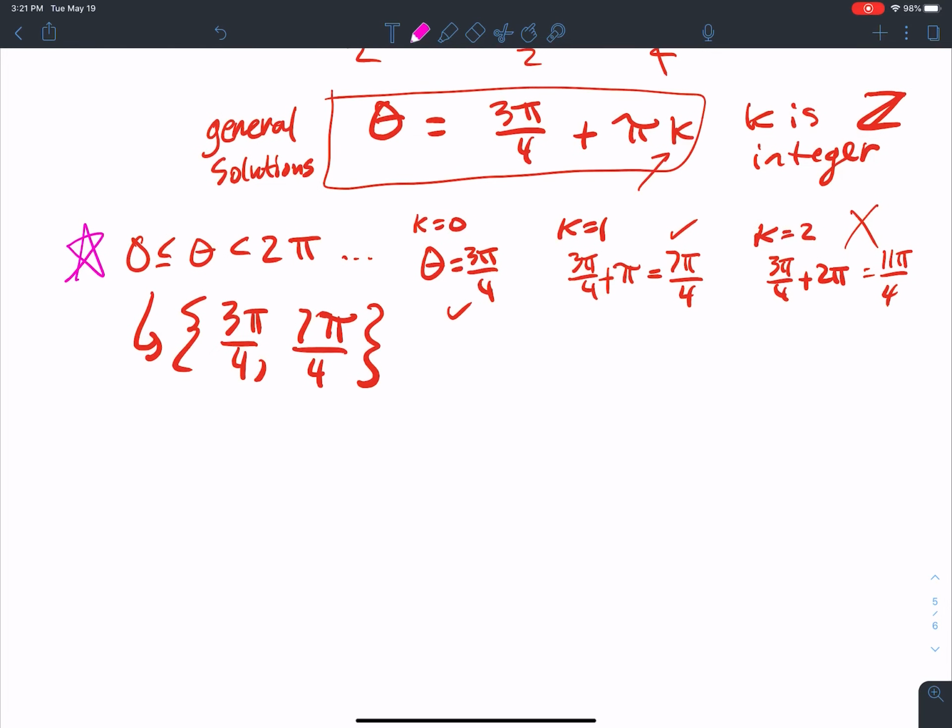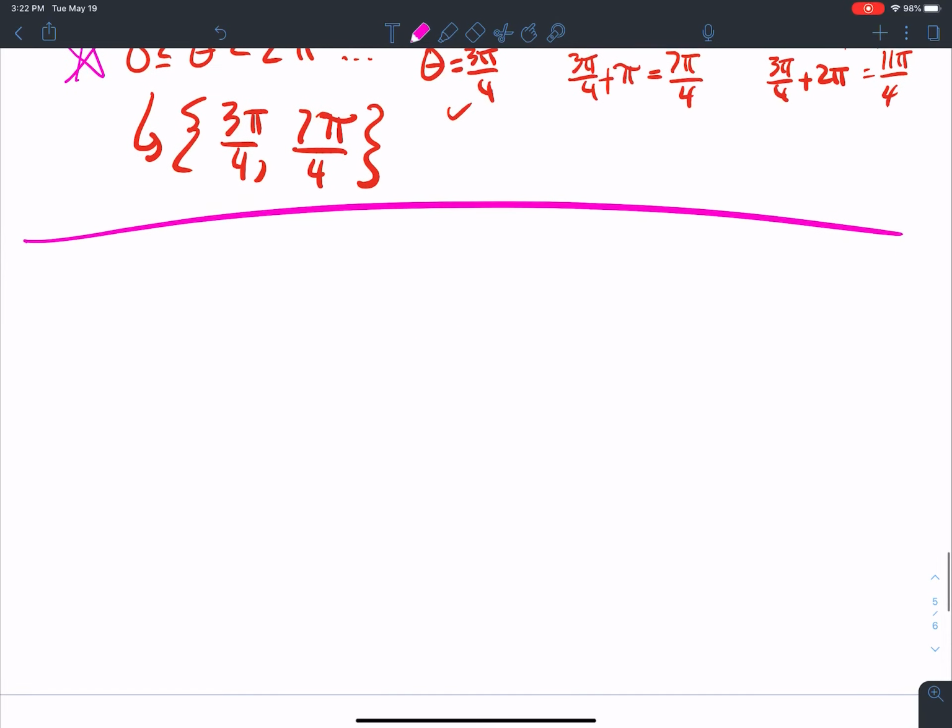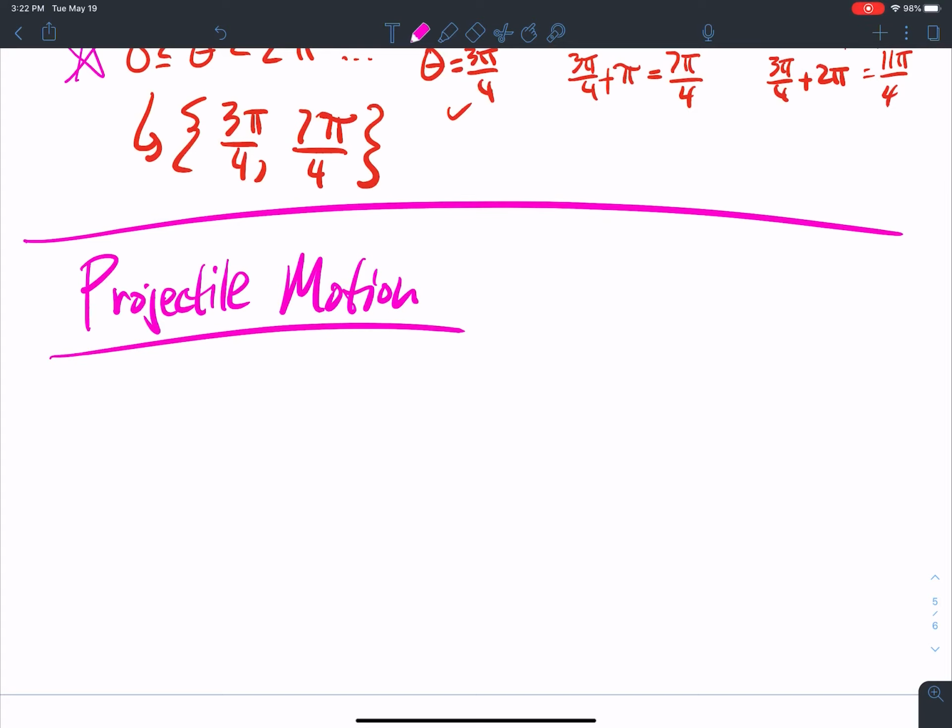One last problem for double angle. So this is a projectile motion problem. Okay, an object is propelled forward at an angle theta to the horizontal with an initial velocity of v0 feet per second.